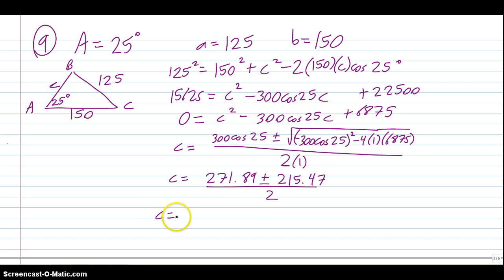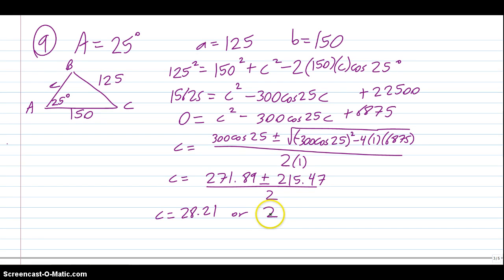So it looks like there could be two possible outcomes here. 271.89 minus 215.47 divided by 2, and you should get 28.21. Or the other option is, what happens if I add 215.47 and then divide by 2?